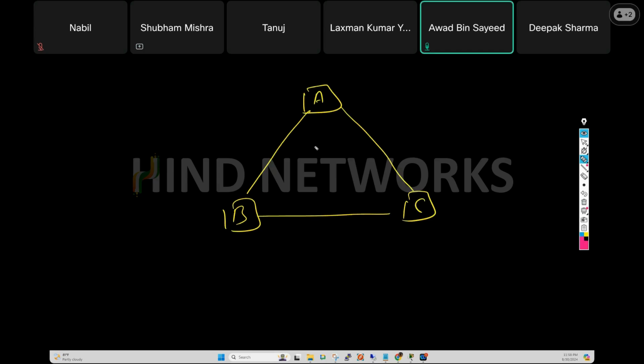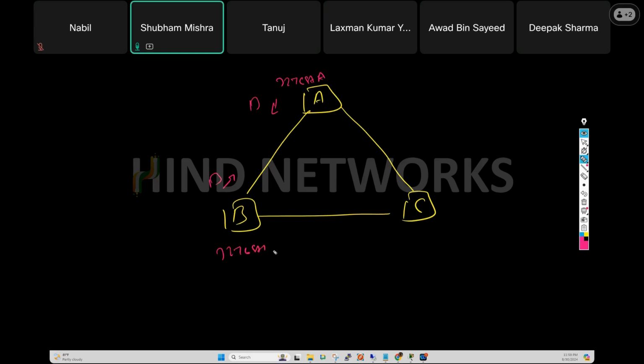Okay, I will discuss the 4 switch case also. A sends the BPDU, B sends the BPDU. What is the bridge ID? 32768 plus A, 32768 plus B and 32768 plus C. Everyone, do you understand?